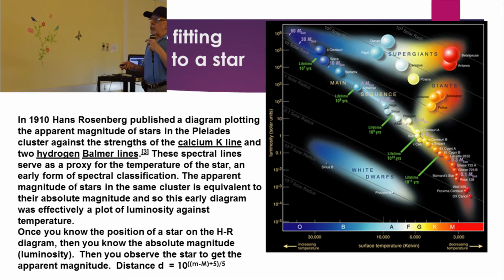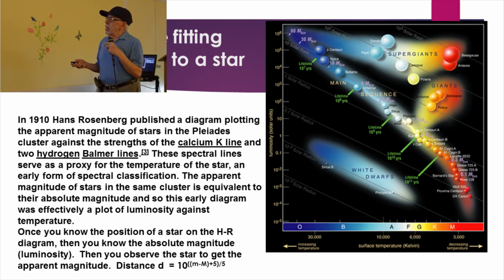There are stars called white dwarfs that are toward the hot end of the surface temperature, but low in luminosity. And there are stars toward the cool end that are much brighter than stars on the main sequence for the same temperature, okay? However, if we look at most stars, they fall on the main sequence.